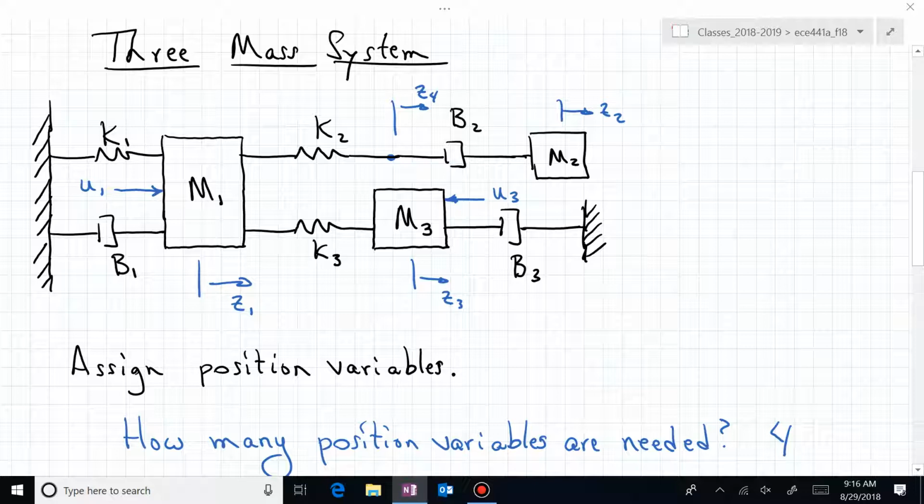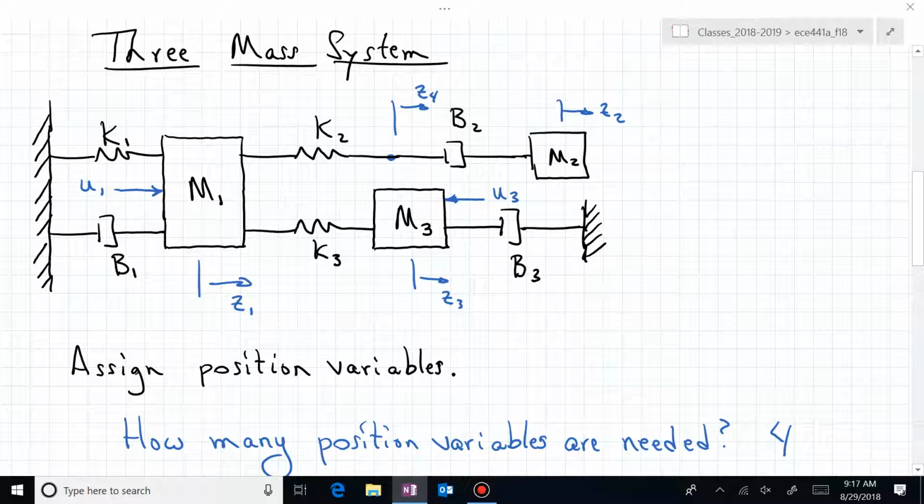In this case, I have Z sub 1, its velocity Z1 prime. If it's going to the right, then multiplying that by B1 will produce what kind of force? If I move to the right, mass 1, in the positive Z1 direction, what direction is the force due to that dash pot going to be directed?